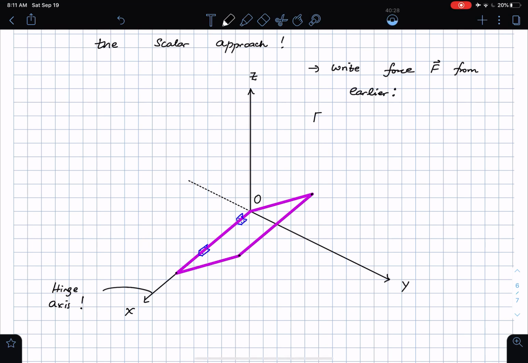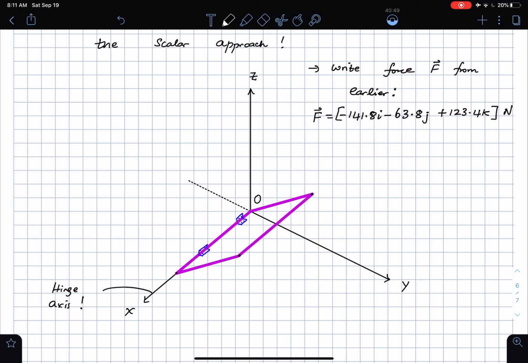And this force, as you can see, had the following components: 141.8 i minus 63.8 j, and then 123.4 k. Okay, this was so many newtons.